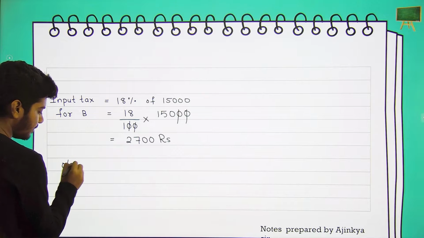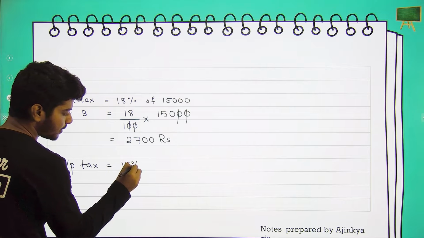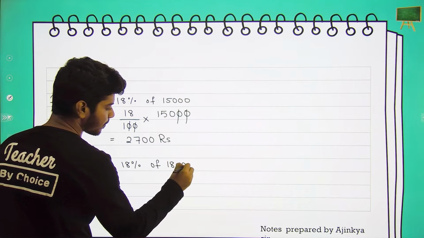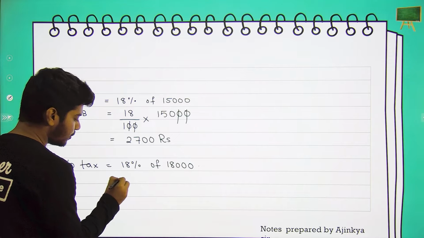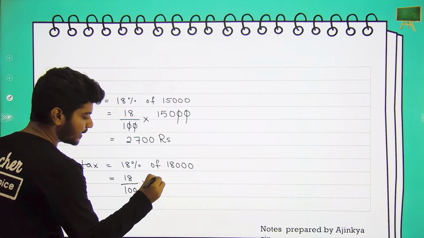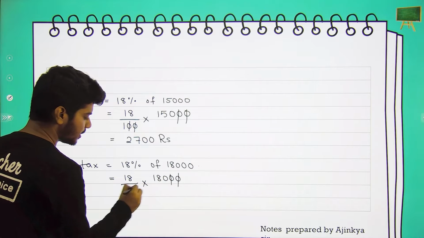Output tax will be 18% of 18,000 rupees, which would be equal to 18 divided by 100 into 18,000. Cancel the zeros.